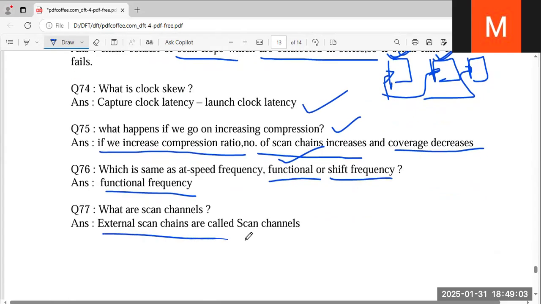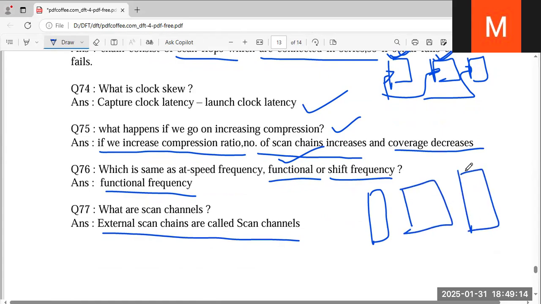Okay. What are scan channels? The external scan chains are called the scan channels. Actually, in EDT we have a decompressor, this is the core logic, and this is a compactor. So these are the external scan channels, and these are the internal scan chains, with the compression logic in between.